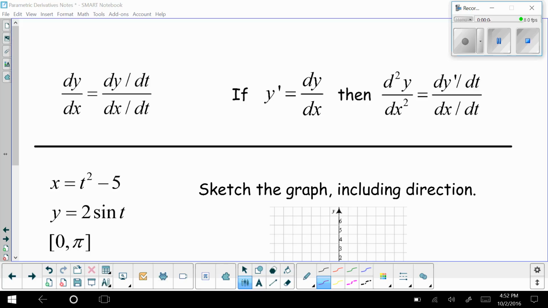So now, actually doing derivatives in parametric forms, we resort to using Leibniz's method of approaching the chain rule.